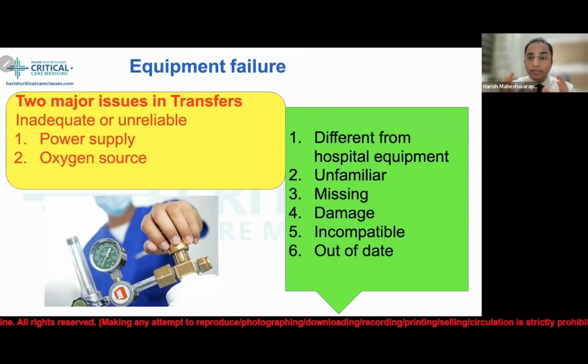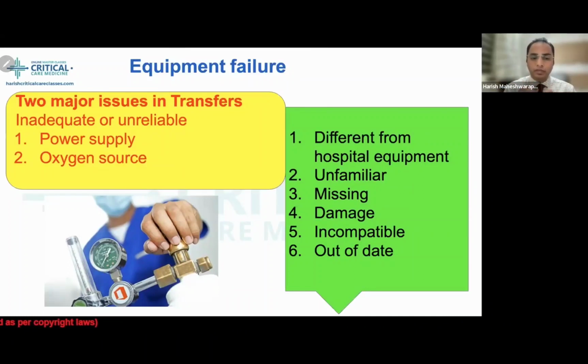Unfamiliar environment, so missing equipment. You have not done a thorough checklist evaluation before initiating the transfer, or there is damage to equipment. It means sometimes there might be disconnection, damage to the oxygen cylinder hose, or maybe the piping system. So all these things can happen.